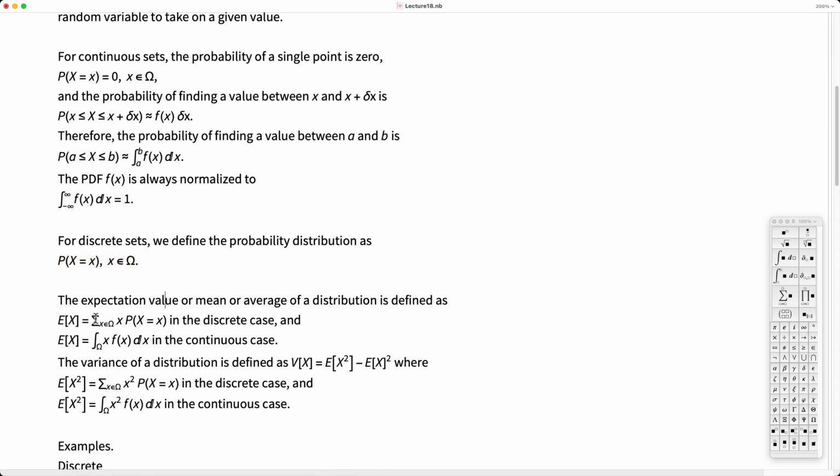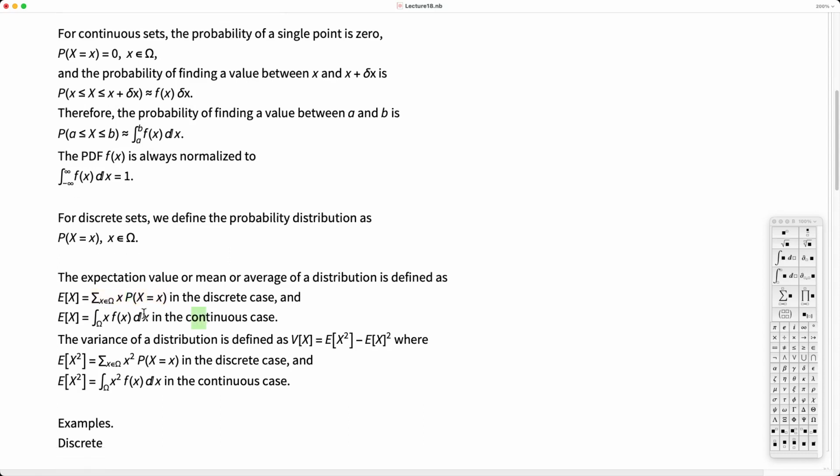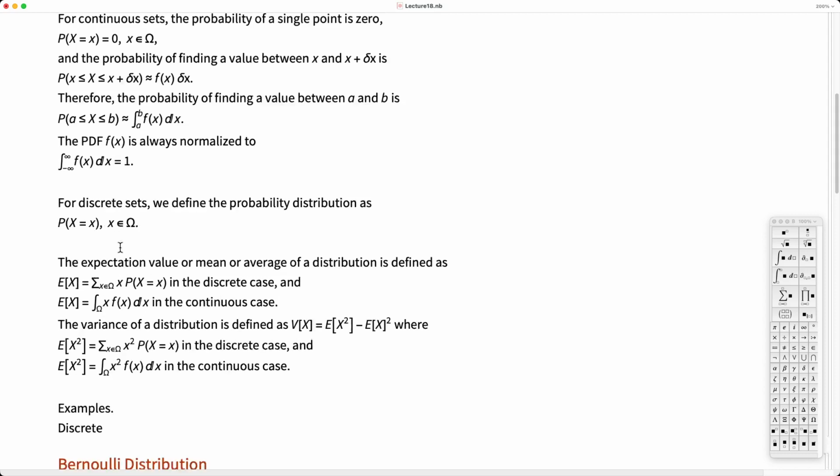So the expectation value is the sum over all x of x times P of x in the discrete case. And in the continuous case, that sum is replaced by an integral. So that's an integral over x of f of x dx. So that's the expectation value, or the average value of x.